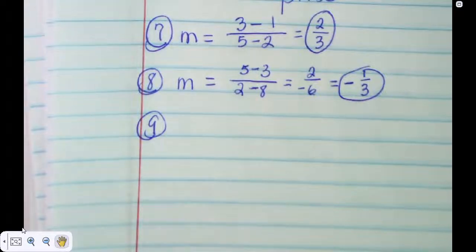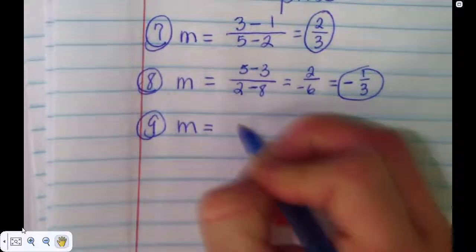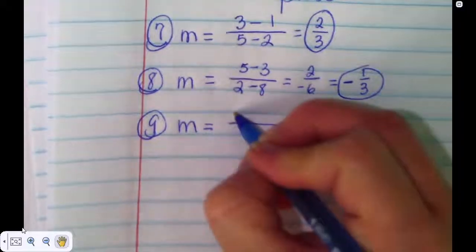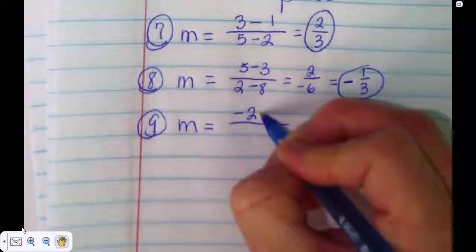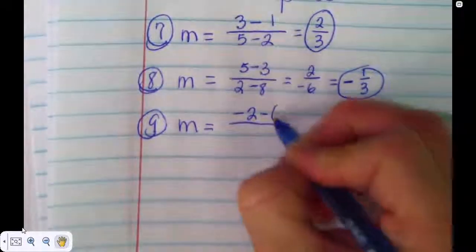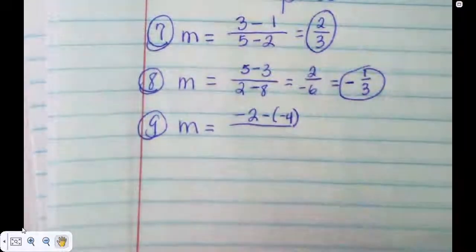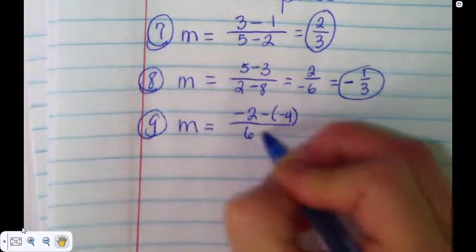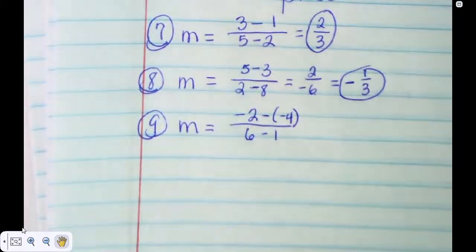Okay, number 9. M equals, remember M represents the slope. M equals. So, what are we going to start with? Negative 2. Yes, thank you. Minus a negative 4. And then on the bottom, 6. Guys, you're about to do 8 by yourself. So I hope that you are paying attention to what we're doing.